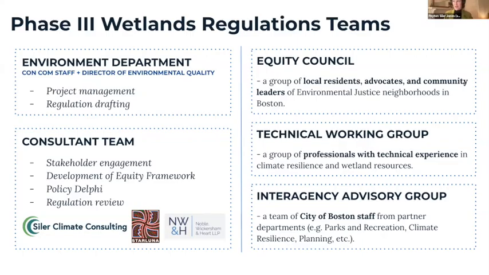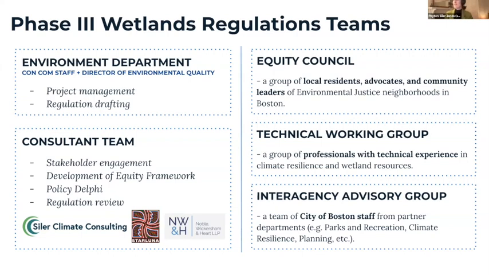To get a little bit more into this process specifically, the folks who have been engaged in this, some of whom you just met, so you met the Conservation Commission staff, and others in the Environment Department with the city. You met some of the folks on the consultant team who've been supporting the facilitation process. And then other folks, some of whom are in the room, some are not. We had an equity council, which is a group of folks who live in environmental justice neighborhoods in Boston who have contributed significantly to this process.